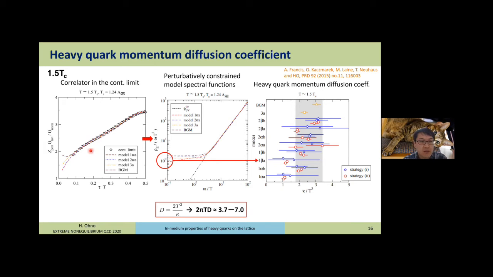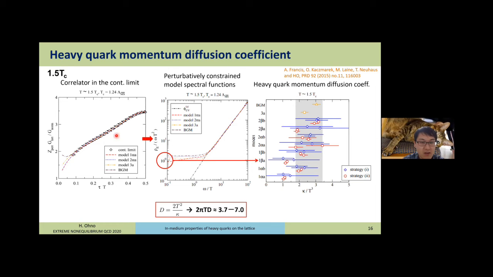In this left-hand side panel, the diamond symbols show our continuum extrapolated lattice correlation function, and each dashed line corresponds to the correlation function calculated from our model spectral function.